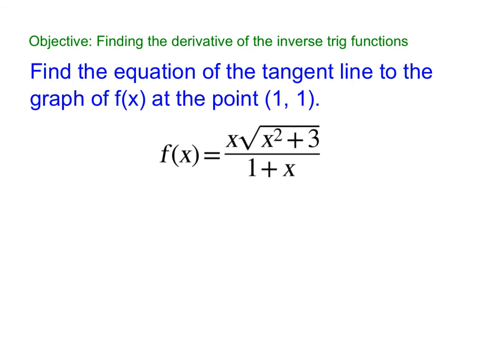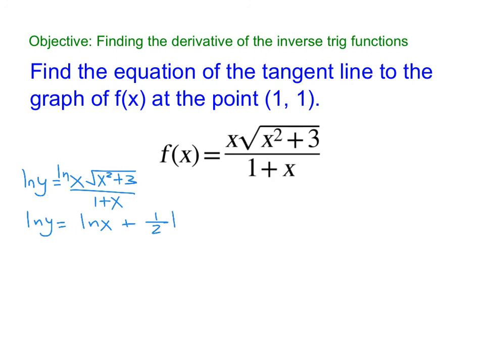All right, last one. Same idea as the last one. Try it. So I have y equals x times the square root of x squared plus 3 over 1 plus x. I need to do the ln of both sides because I don't want to do the product quotient rule. I made you do that earlier, but now we can cheat. So ln of y equals ln of x plus 1/2 ln of x squared plus 3 minus the ln of 1 plus x.